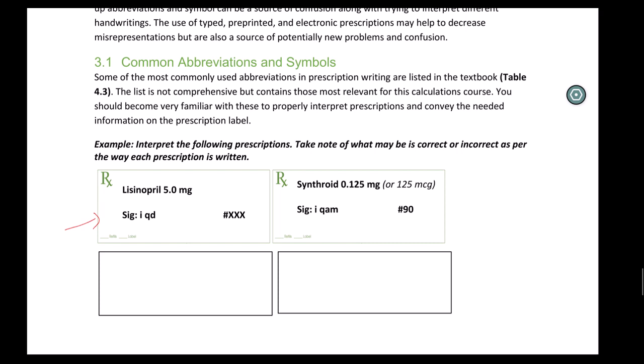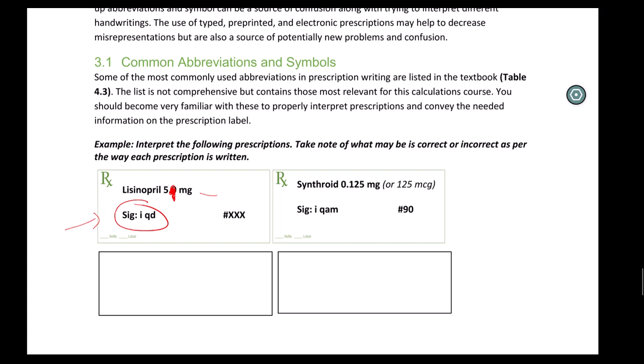We don't know if it's tablet or capsule, it doesn't say, but in this case we're looking at how to interpret at least the sig, which is 1 QD, which is 1 a day. What's bad about this is that you shouldn't have that 0 there. If it's just 5 milligrams, the more appropriate way is just to have 5 mg and no decimal point with a 0. It could be misinterpreted for 50.